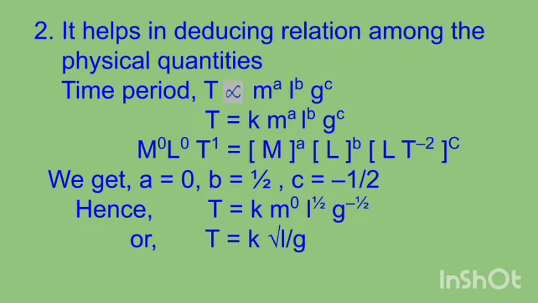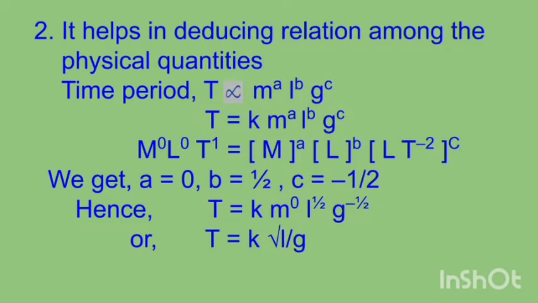Now comparing the powers of M, L and T on both sides, which must be the same, we can find a is equal to 0, b plus c is equal to 0 and minus 2c is equal to 1. From these algebraic equations, we get a is equal to 0, b is equal to half and c is equal to minus half.